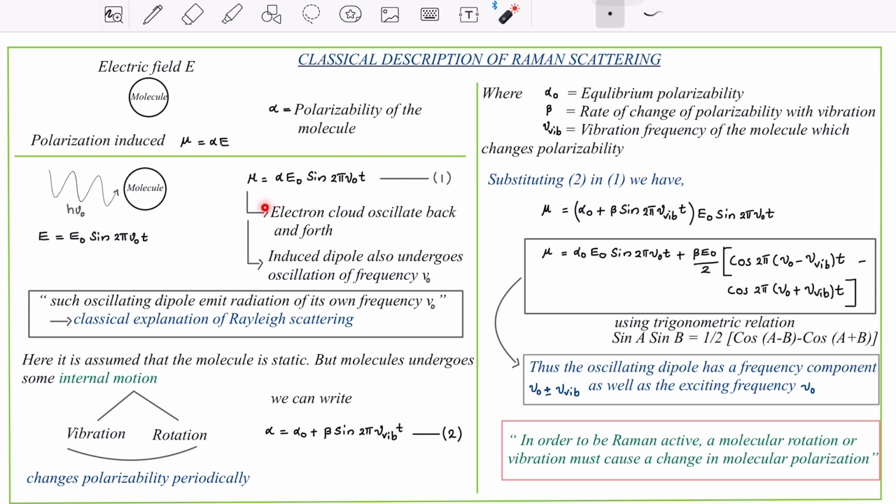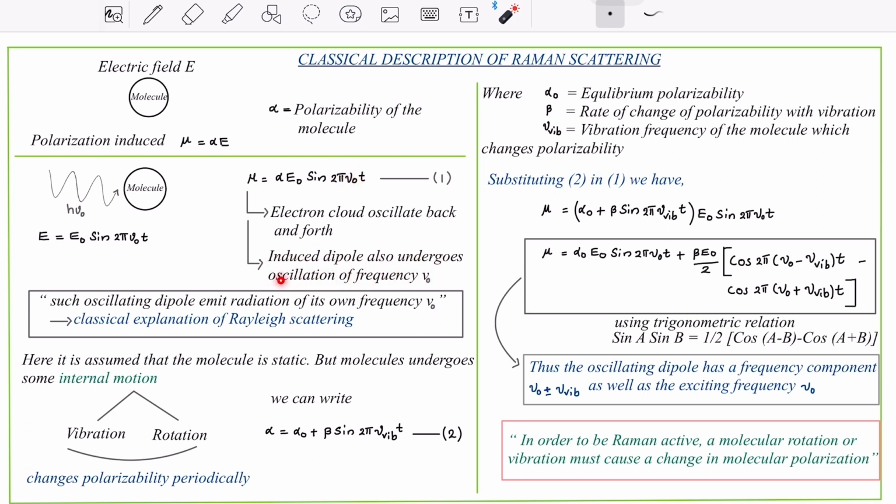So what is the consequence? Because of this time varying electric field, the electron cloud will oscillate back and forth, or we can say the induced dipole also undergoes oscillation with frequency nu 0.